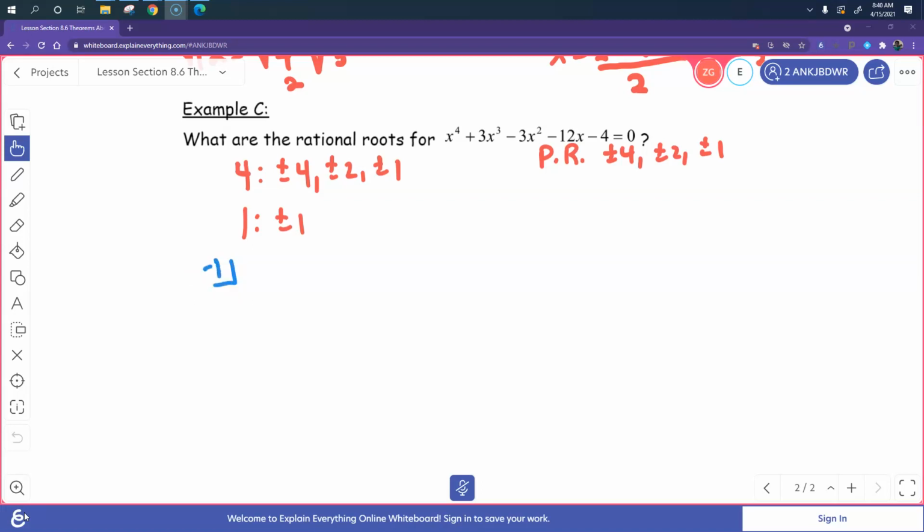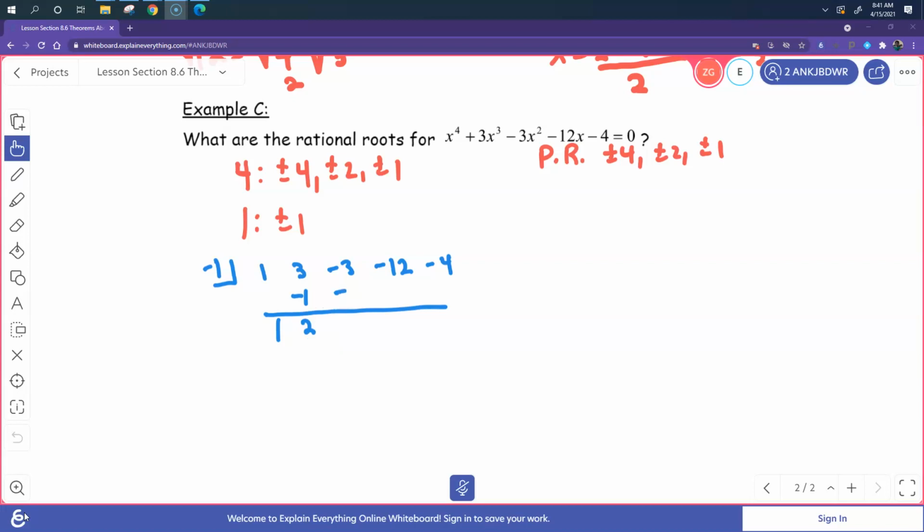negative 1. So we have 1, 3, negative 3, negative 12, negative 4. So it's 1. Negative 1 times 1 is negative 1. 3 plus negative 1 is 2.